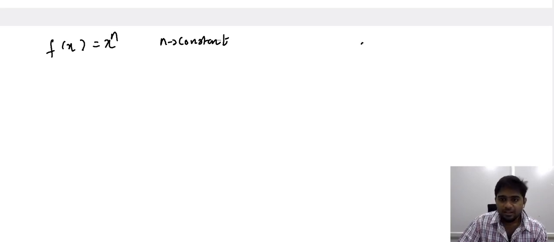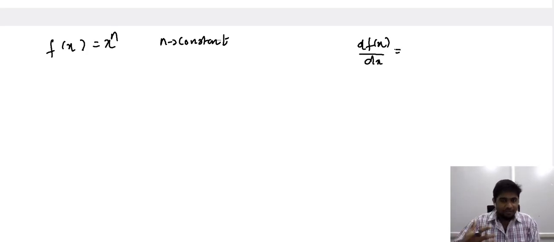Now, in our classes earlier, you would know by heart that the derivative of this type of function is n x power n minus 1.